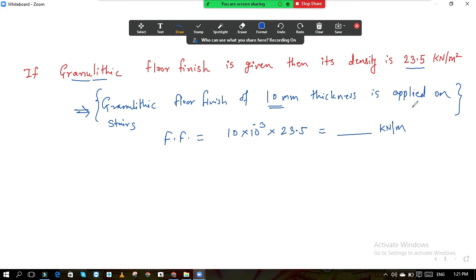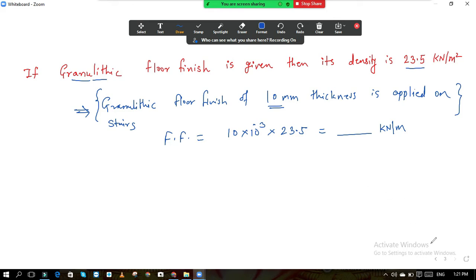Just check the unit and multiply the thickness by the density, then you will get the floor finish. And if nothing is given in the problem, you can directly assume the floor finish in between 1 kilonewton per meter square to 1.5 kilonewton per meter square. So this is all about the dead load.